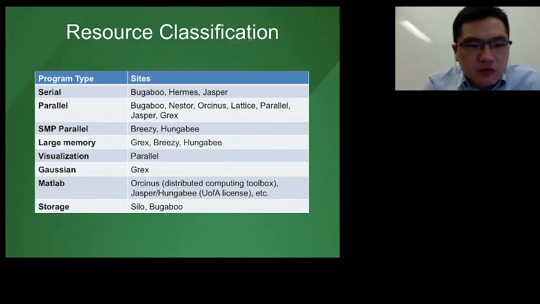Parallel is good for visualization. Grex has Gaussian deployed, Orcinus and Jasper, Hungabee have MATLAB, and data can be stored in Silo and Bugaboo for big data.